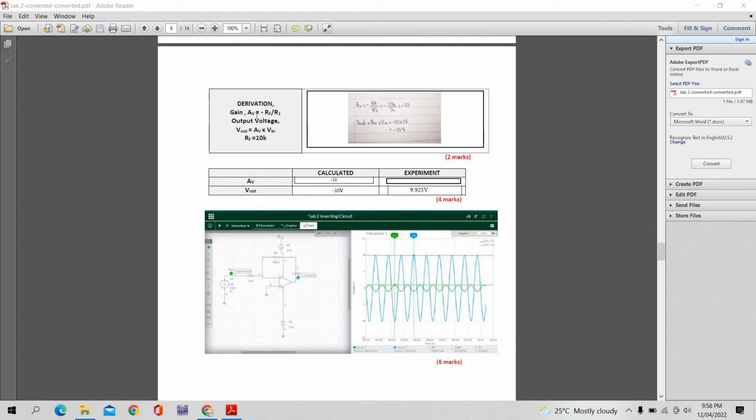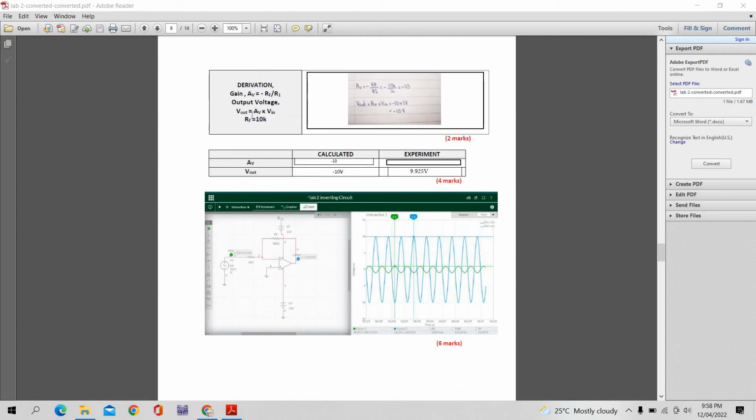For the second circuit, the RF value is 10k ohm. We have used that value to calculate the gain. I derived the calculation and got the answer negative 10.